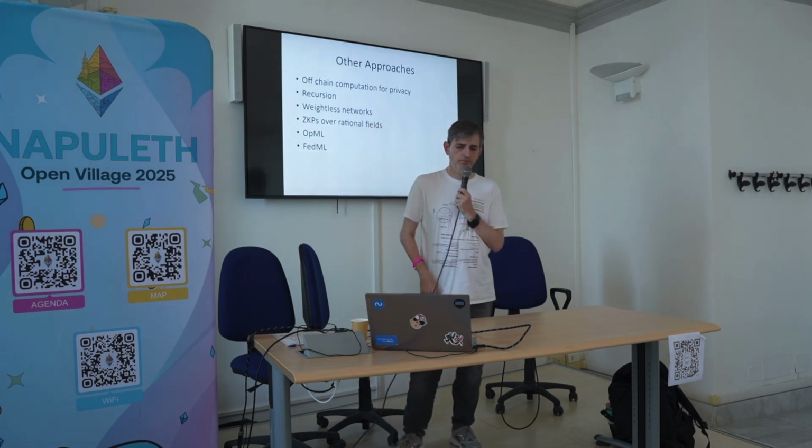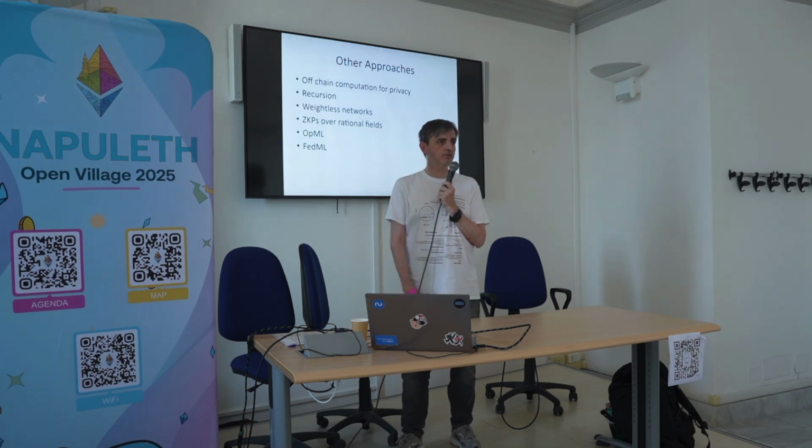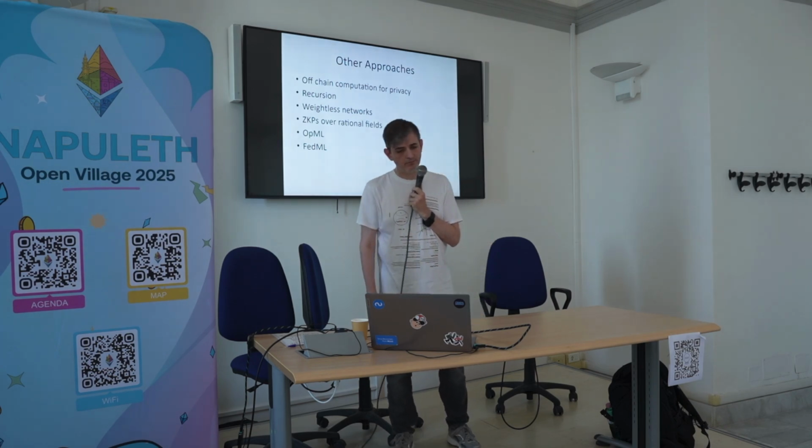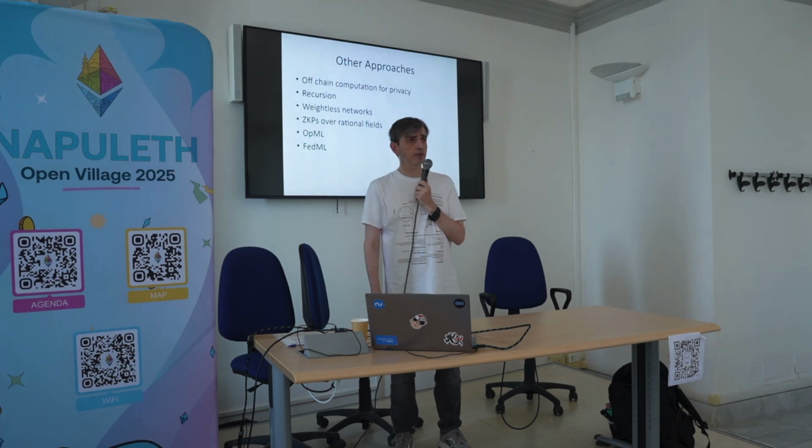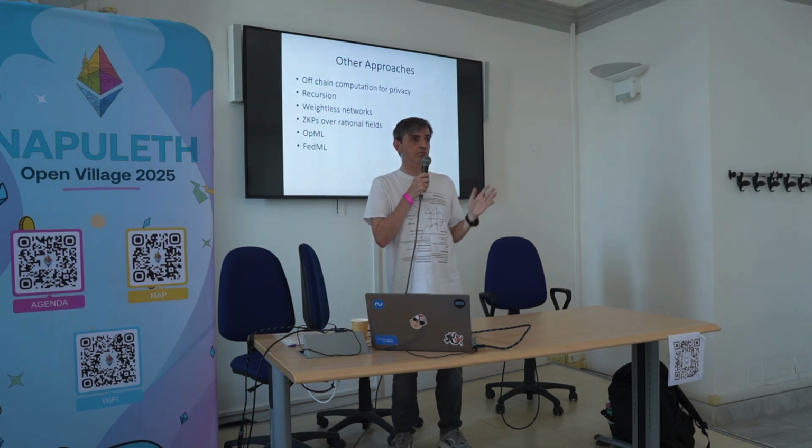And then the final thing I have there, FedML, this is federated machine learning. This is something that's been around for quite a long time and is nothing to do with blockchain particularly, but it's an approach that allows people to share training of models.